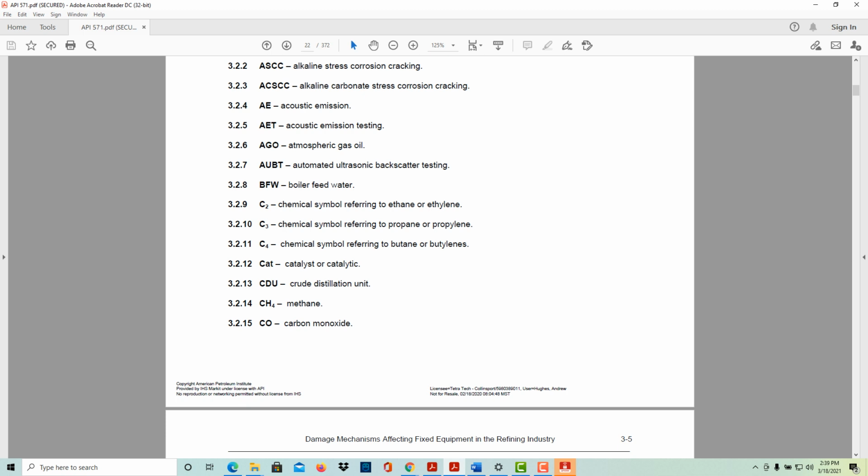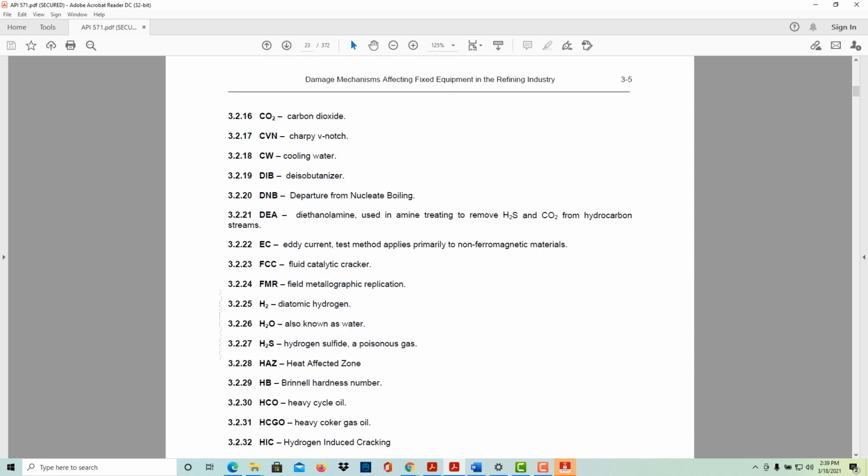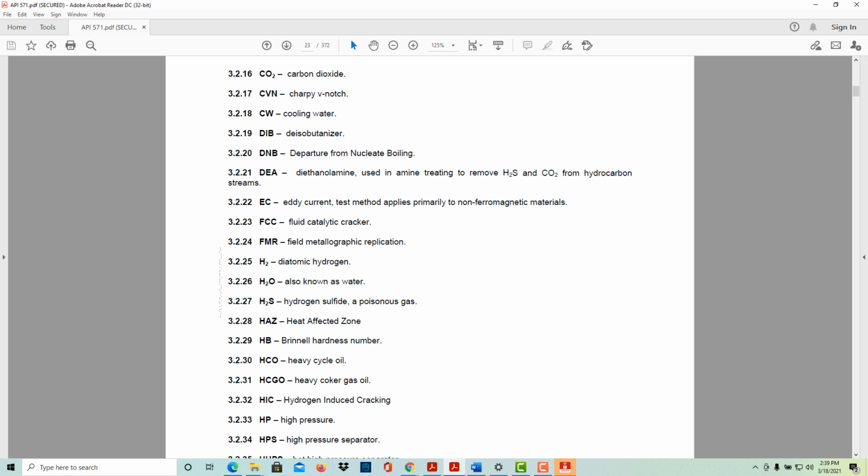C2, chemical symbol referring to ethane or ethylene. C3, chemical symbol referring to propane or propylene. C4, chemical symbol referring to butane or butylenes. CAT, catalyst or catalytic. CDU, crude distillation unit. CH4, methane. CO, carbon monoxide. CO2, carbon dioxide.